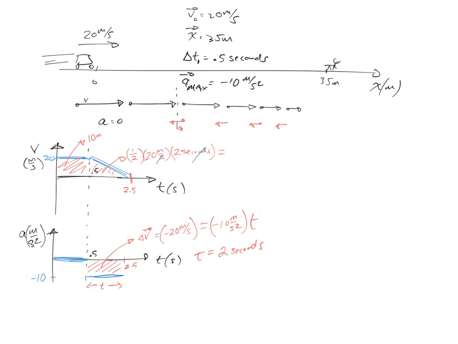My seconds cancel, I'm left with meters. So that's 10 times 2, which is 20 meters. If I add these two displacements, my total displacement should be 10 meters plus 20 meters, which gives me 30 meters of displacement.